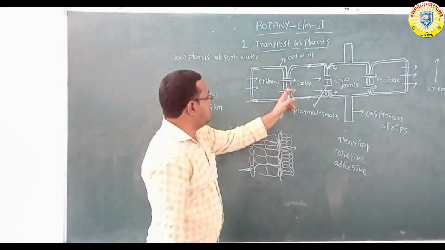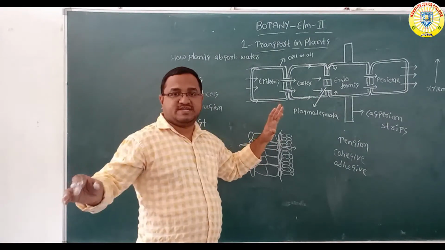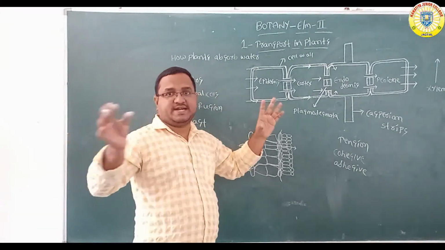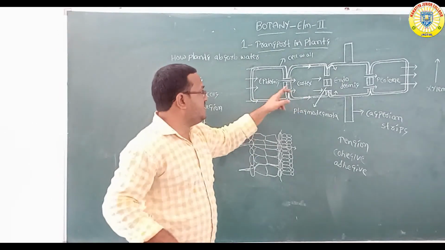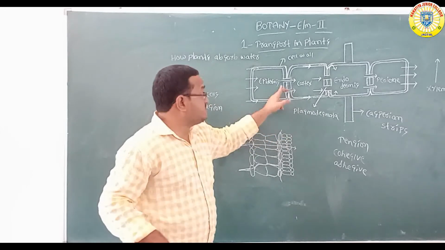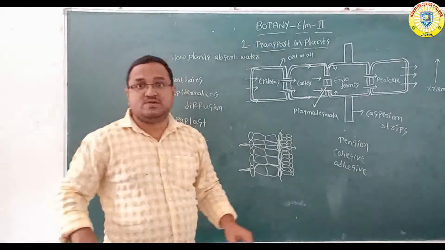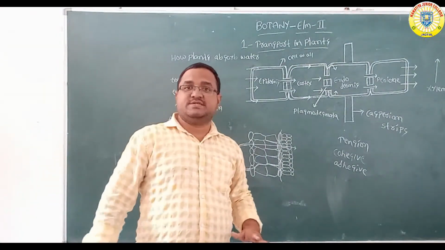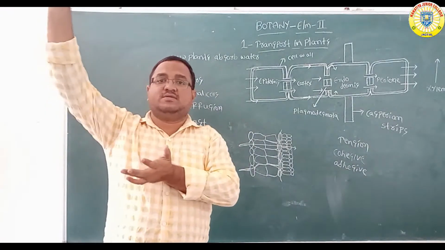Here you can see plasmodesmata. The cytoplasm of one cell is connected with the cytoplasm of another cell through plasmodesmata. Here is plasmodesmata, here is also plasmodesmata.